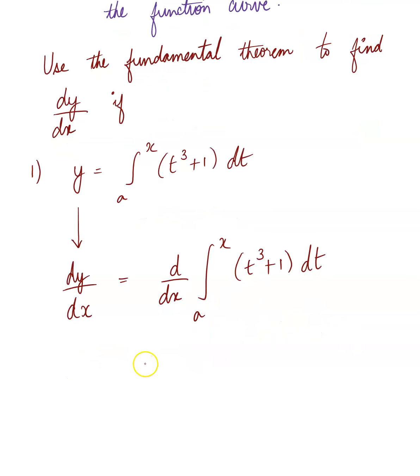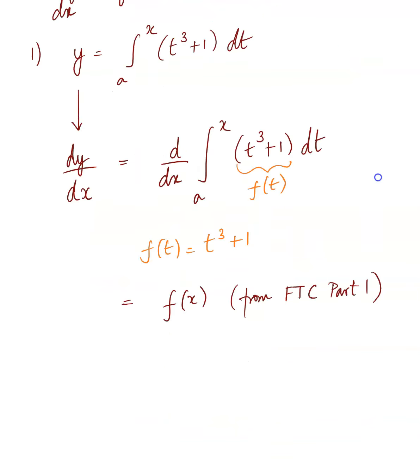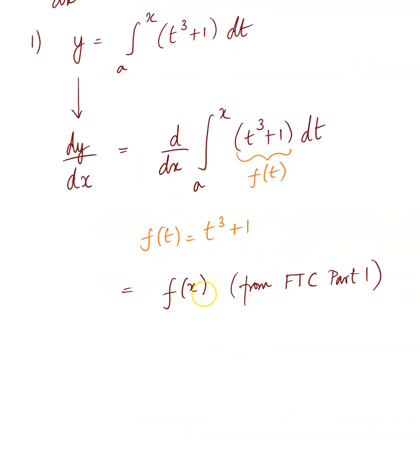We know that this thing is your f of t. F of t is t cubed plus 1. So by the fundamental theorem, FTC, Fundamental Theorem of Calculus part 1, this is directly equal to f of x.